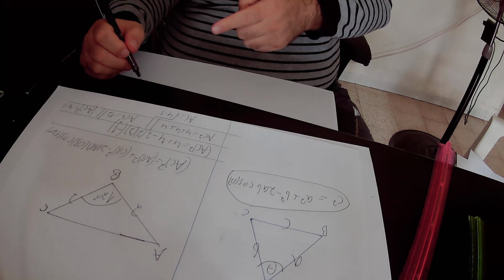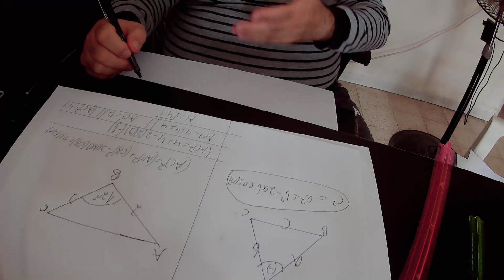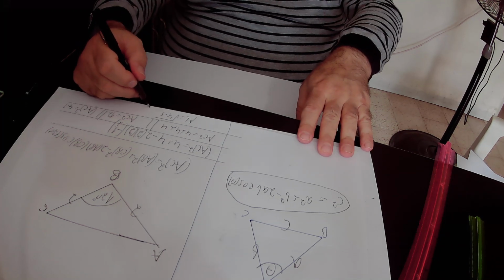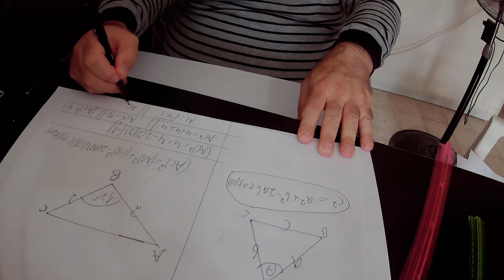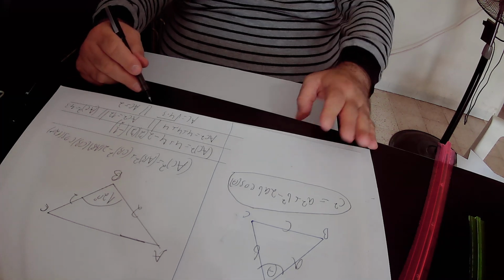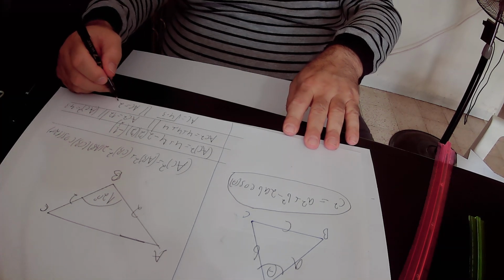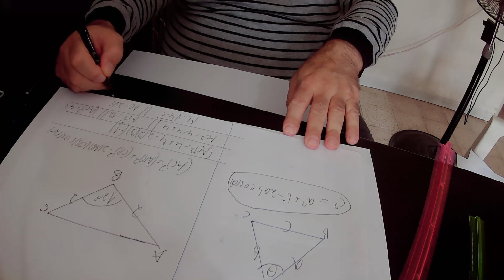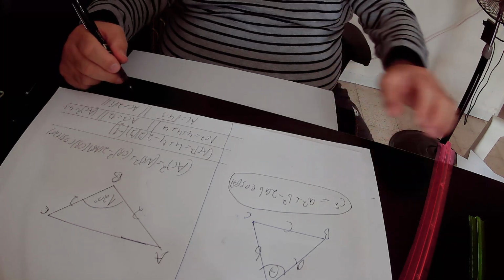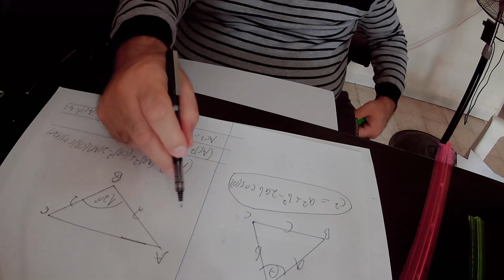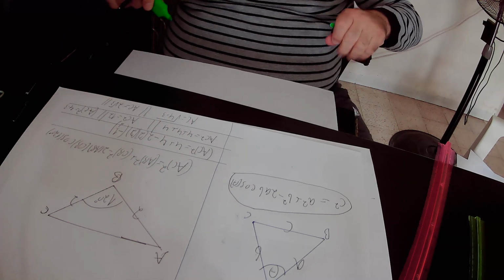Here we'll take 4 out of the root, the square root of 4 is 2, so in total we'll get that AC equals to 2, and inside the root we left only with 3, so it is 2 times square root of 3.